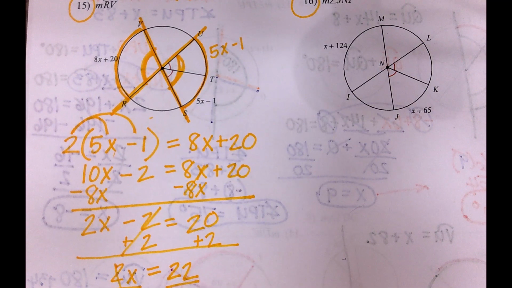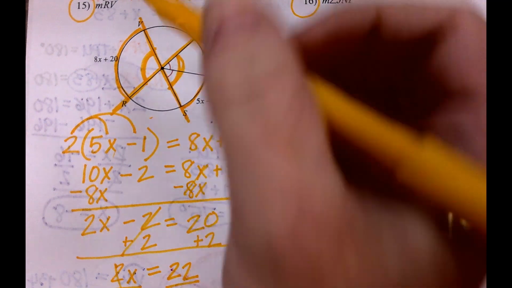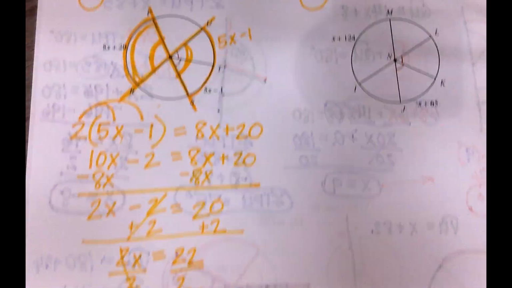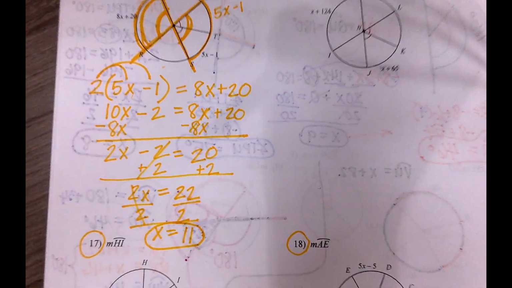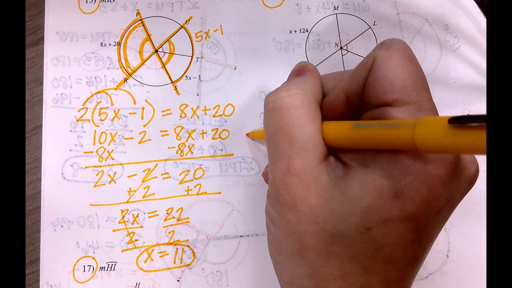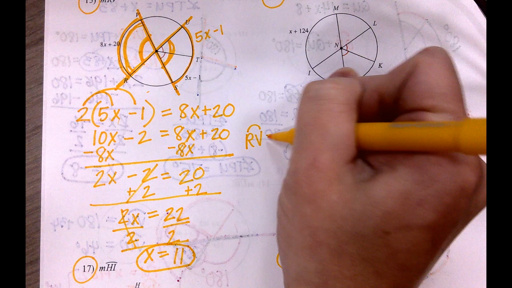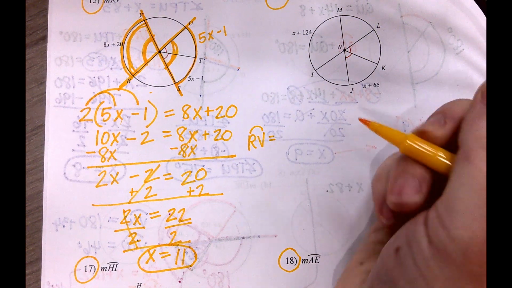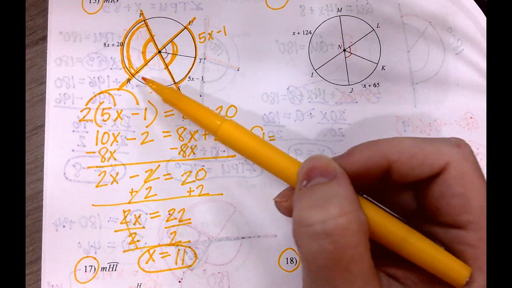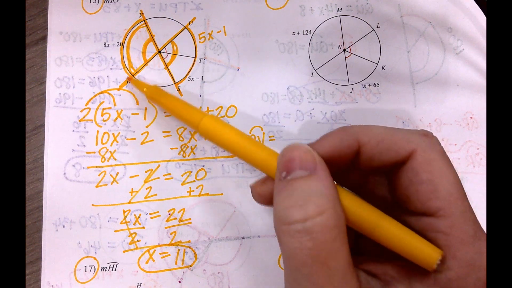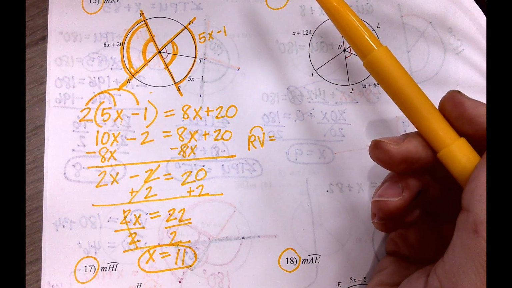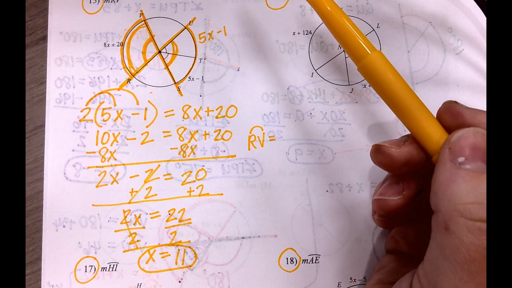I need RV. Here's RV. How can I use the value that I just solved for, x? How can I use that to find RV? I don't know what RV is, but what do I know about RV?